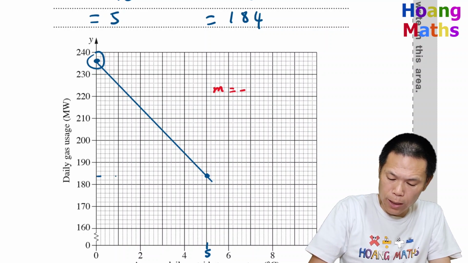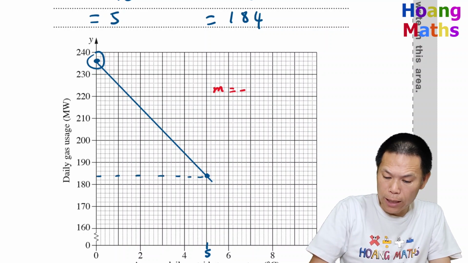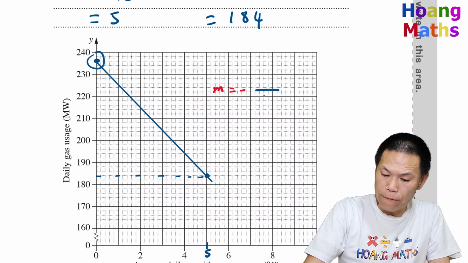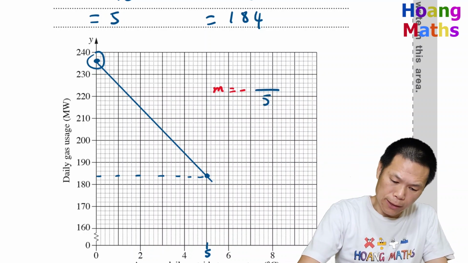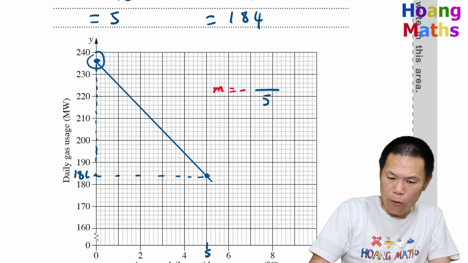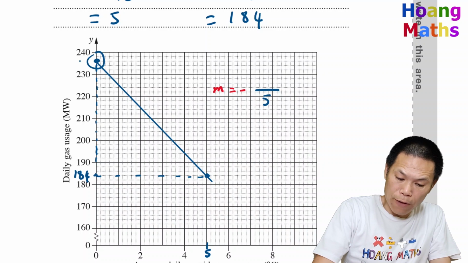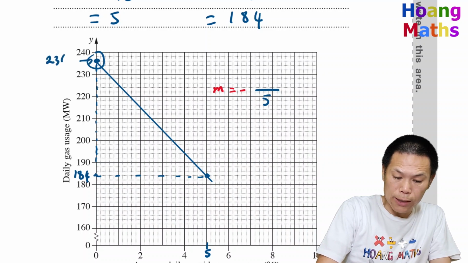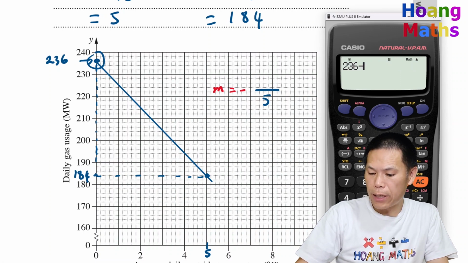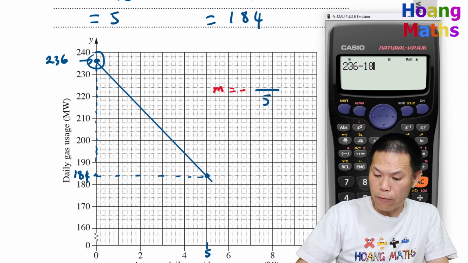So from here to here is the run. And the run is 5, from 0 to 5. So that is 5. And the vertical rise is from this one here, 184, and the y value for this is 236. So just go 236 minus 184.